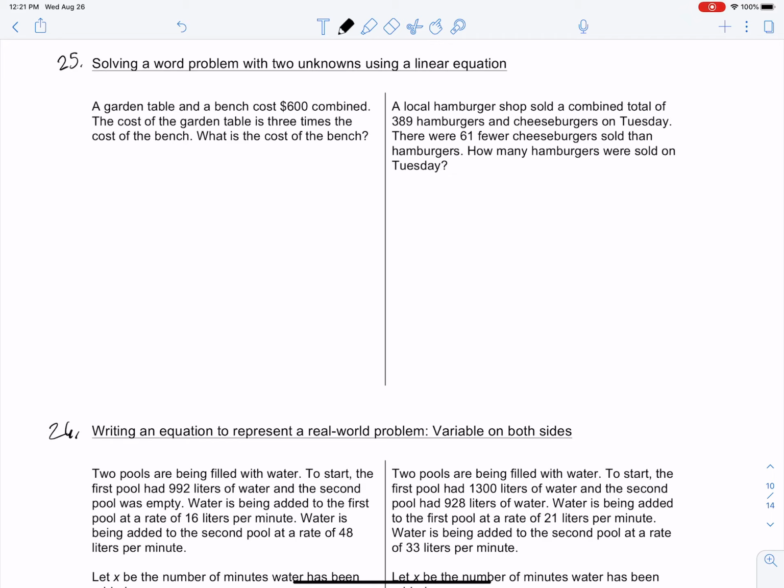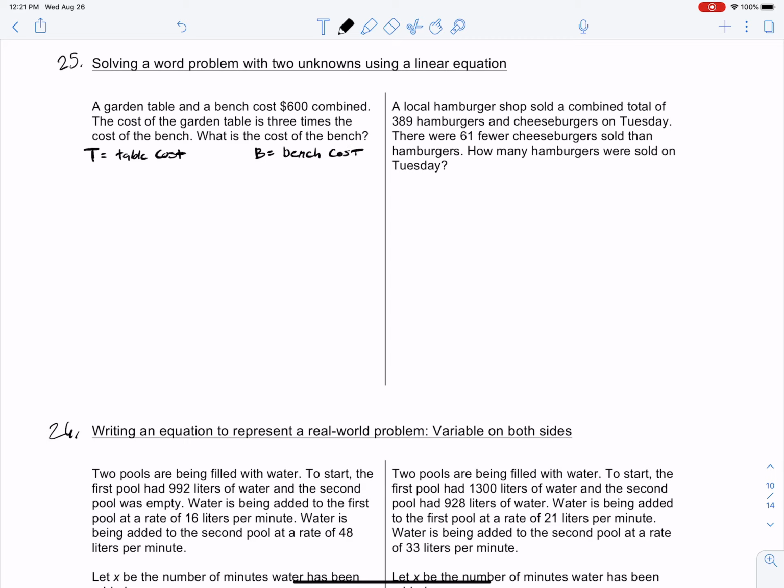So this might seem very confusing looking at it, but again, as always in word problems, it's best just to kind of break up the information we have. So let's use a capital T for table cost. And then let's do B, which is the bench cost.